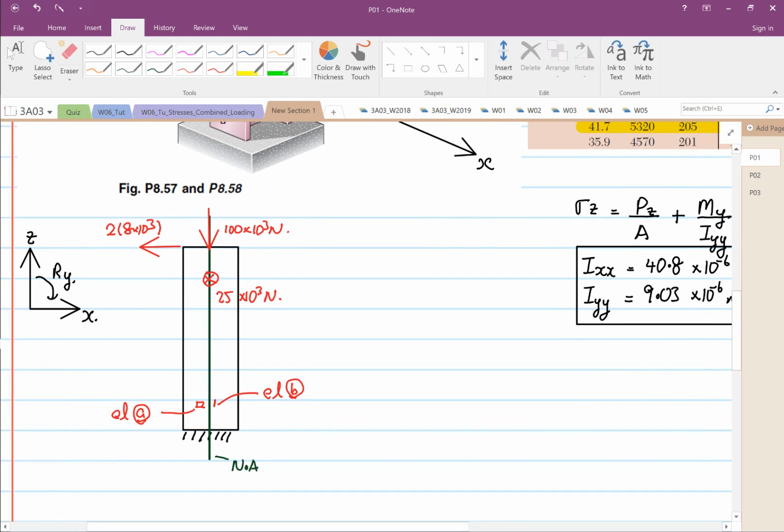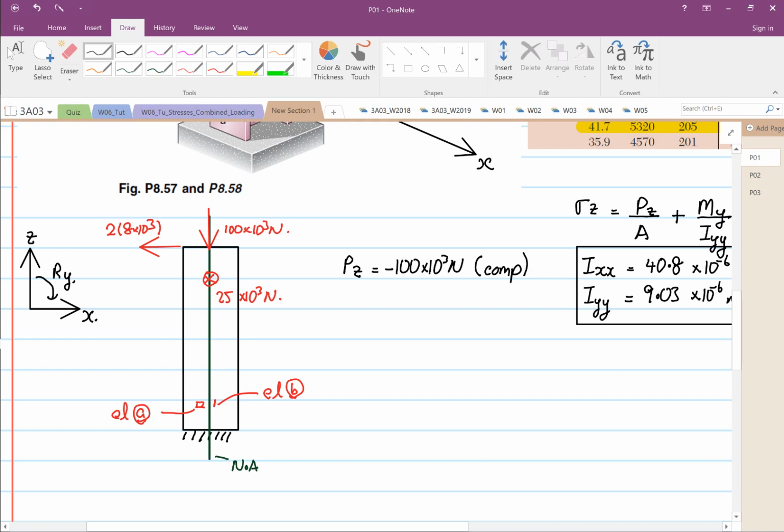So we know from this diagram, acting down on the neutral axis, in line with our axis, that would be our Pz, our axial load. It will induce a minus 100 times 10 to the power 3 Newton, and that is going to be compression.